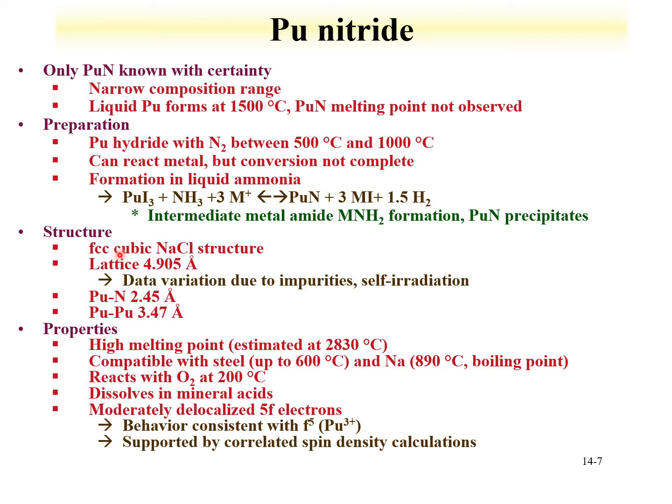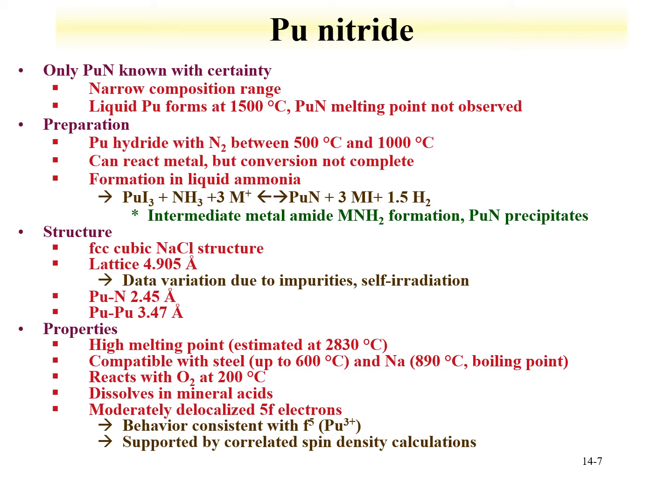The structure is face-centered cubic. The lattices have been evaluated, and the plutonium-nitrogen and plutonium-plutonium bond distances are evaluated. The nitride has a very high melting point, which is suitable for fuel. It's also compatible with steels and sodium. Again, this makes it a good candidate for fast reactor fuels.